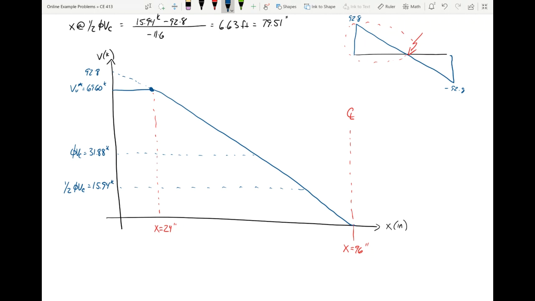Okay. So lastly, what we can do is identify where those occurred on the beam. Phi Vc occurred at x equals 63.03 inches. This is x equals 79.51 inches. And so let's see, what do we got?